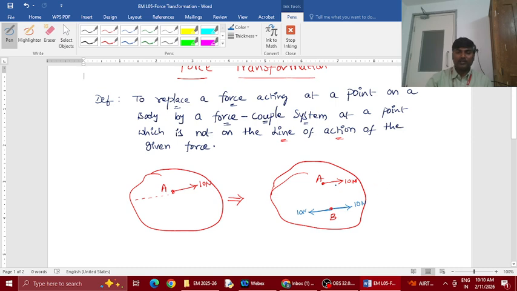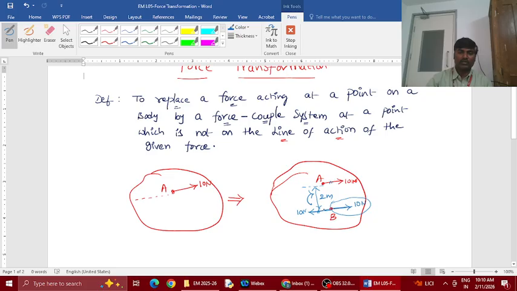Now you see, leaving this force, the other two forces are parallel and they have some distance. Let us say you have chosen the point B at 2 meters. These two forces form a clockwise couple.